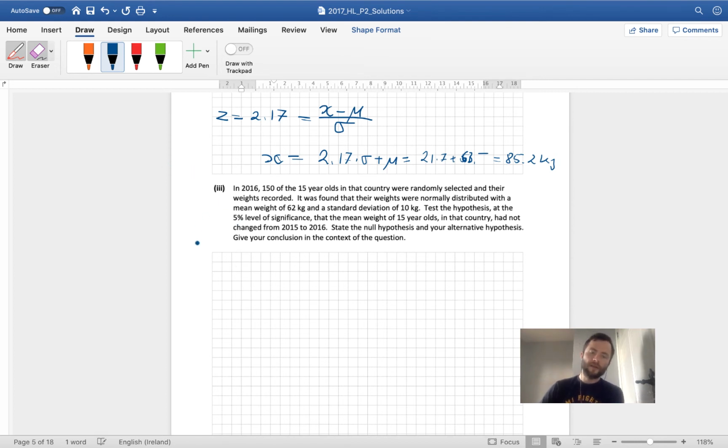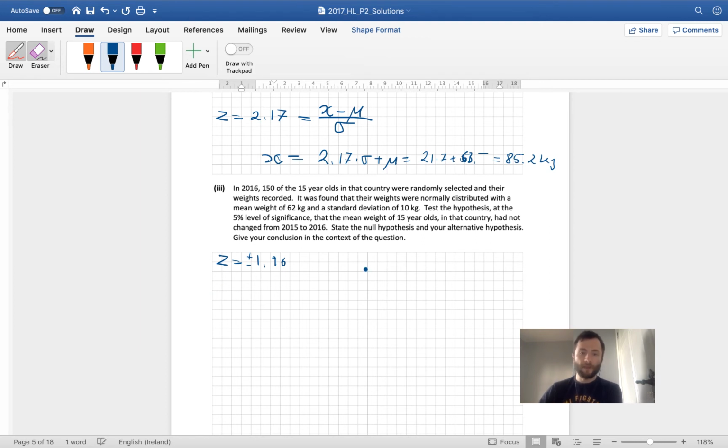So the 5% level of significance corresponds to a 95% confidence interval, for which the z-score is plus or minus 1.96 for a two-tailed test.